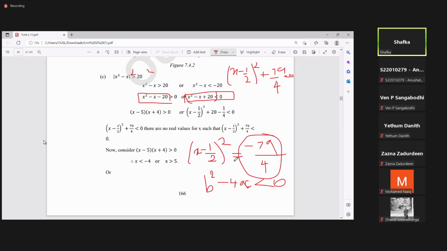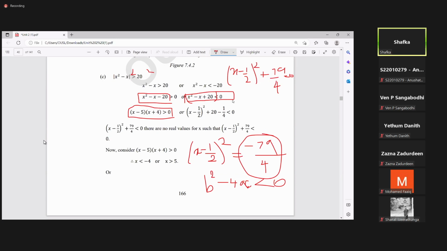If you don't have a real solution, you can neglect that. Now you have to consider only (x minus 5) times (x plus 4) greater than 0. So the solution is x less than minus 4 and x greater than 5.